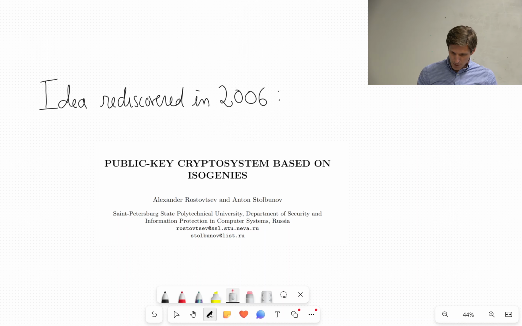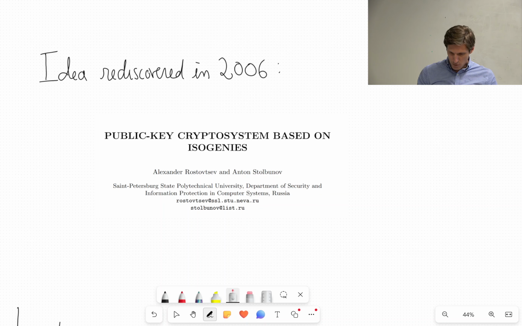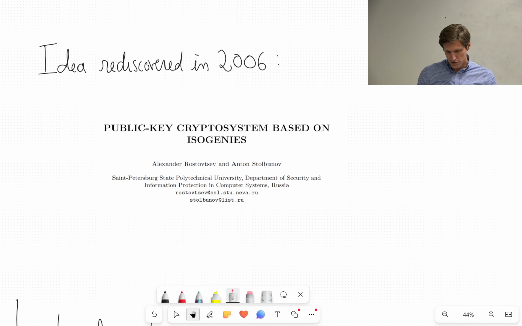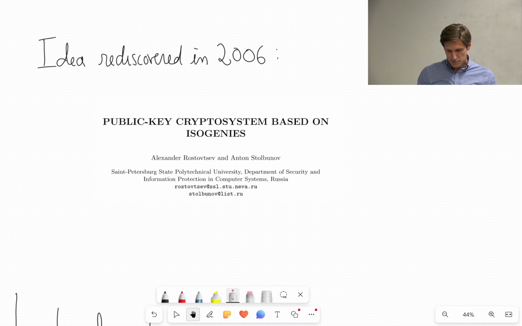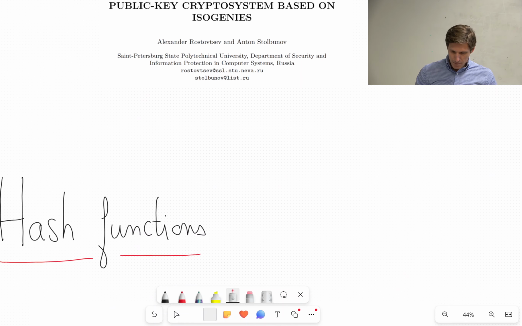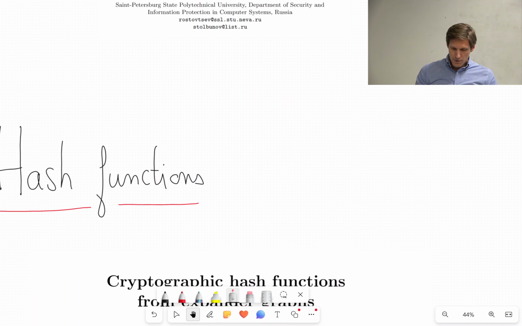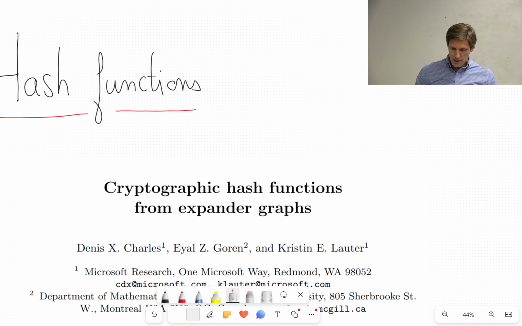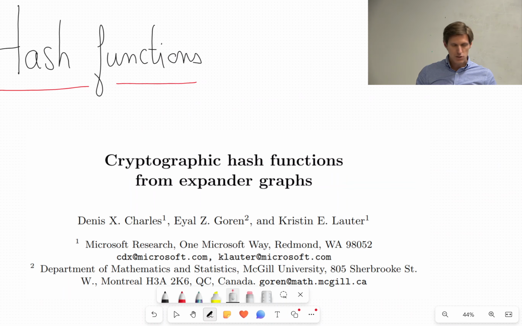This was published by essentially Stolbunov, in his PhD thesis. But again, same idea and same drawbacks, which means it was really inefficient and nobody really thought of using isogenies that way. And in parallel, there were people who decided to create hash functions from isogeny graphs.